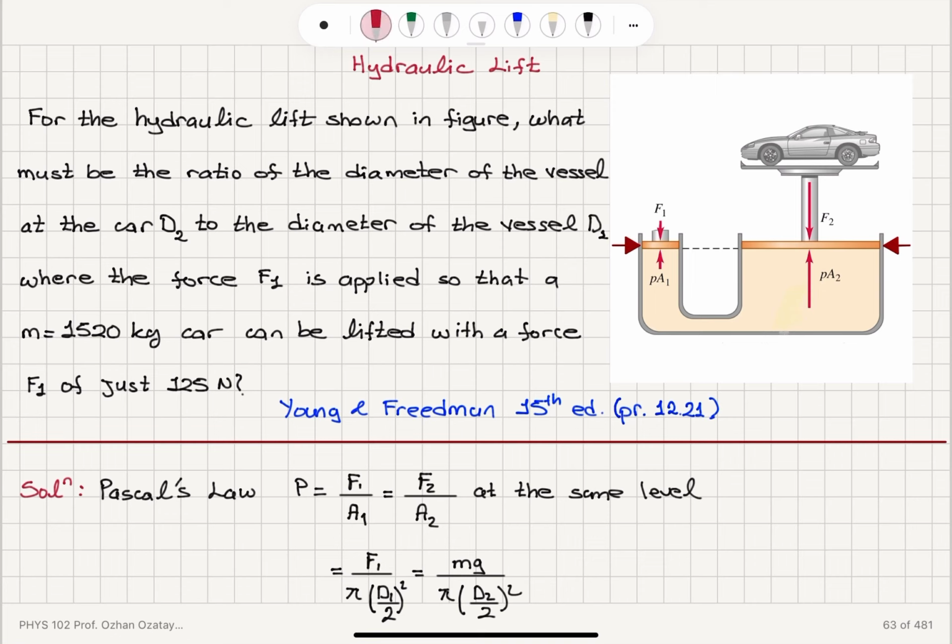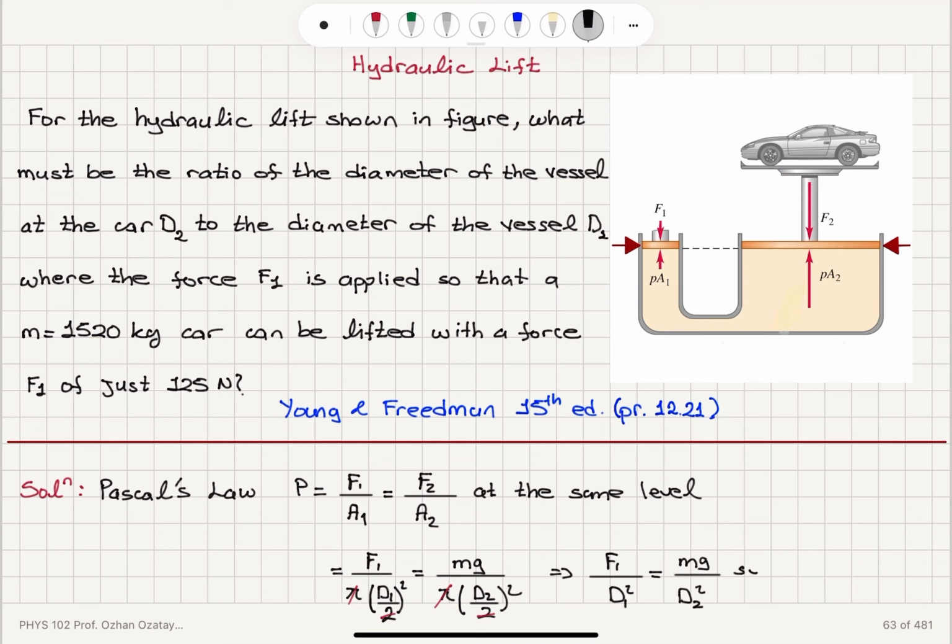Now we can see that these 2's will cancel, the pi's will cancel, and I will find that F1 divided by D1 squared is equal to mg, the weight of the car, divided by D2 squared.